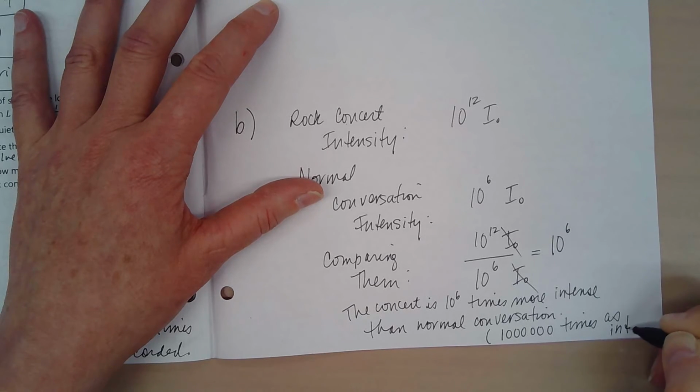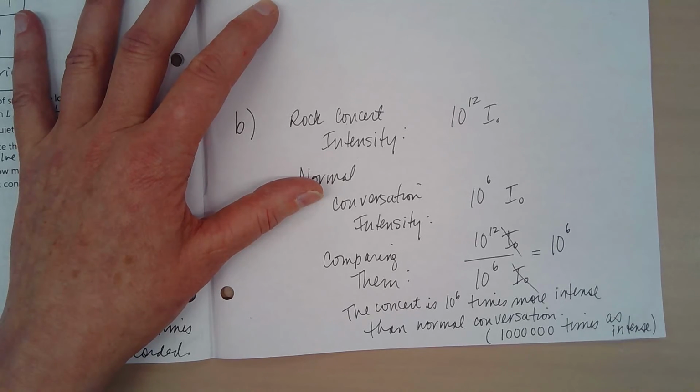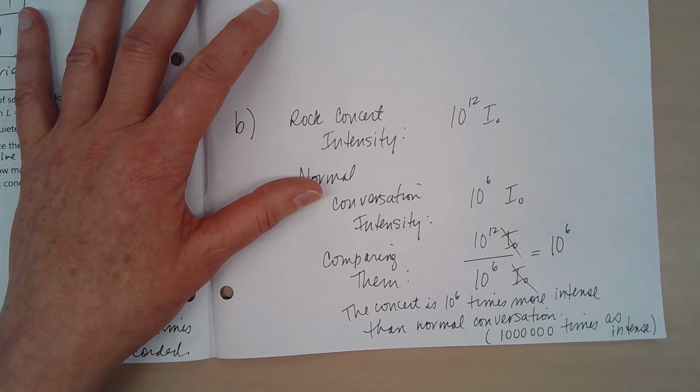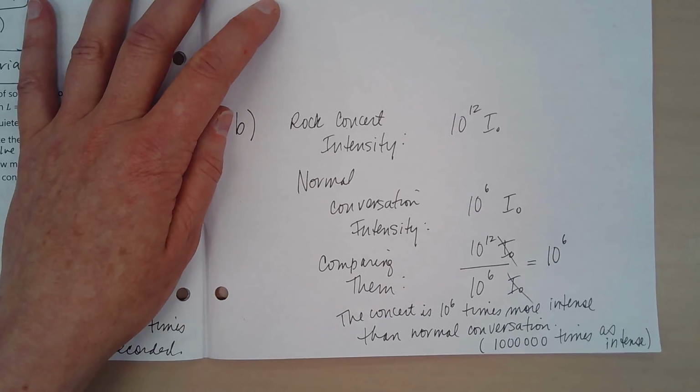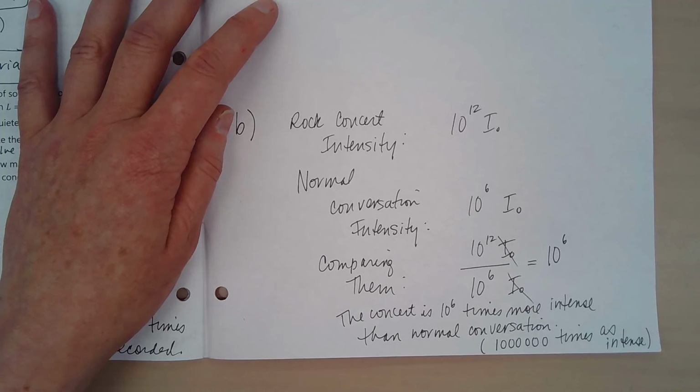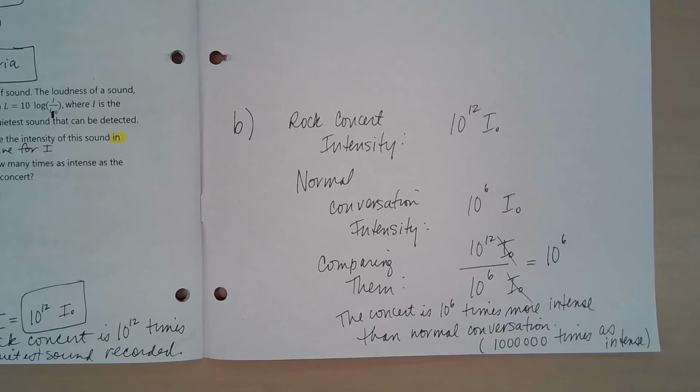That's amazing, isn't it? I think this is realistic data, so 1,000,000 times more intense than just normal everyday conversation. That's why anytime you're in an environment with loud noises, whether it's a rock concert or a job with heavy machinery going all the time with those vibrations, you should always have protective hearing.